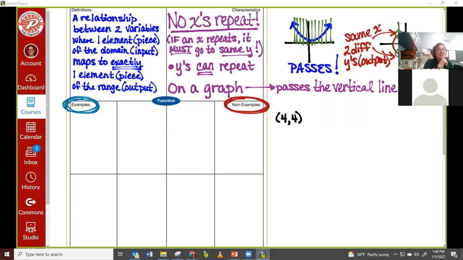Do we have X's that repeat themselves here? Function or not a function? It is a function. Yeah. So I'd put that over here in my examples list.